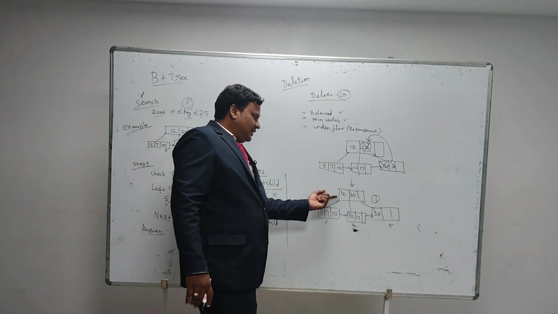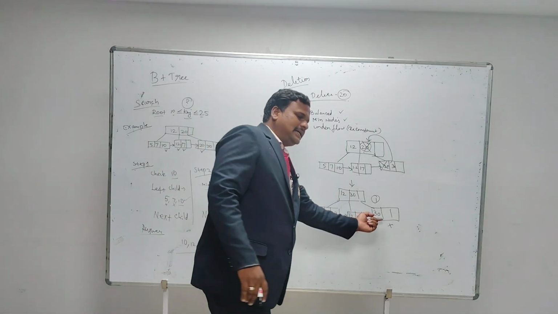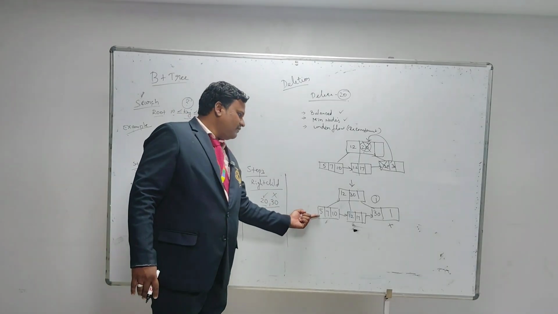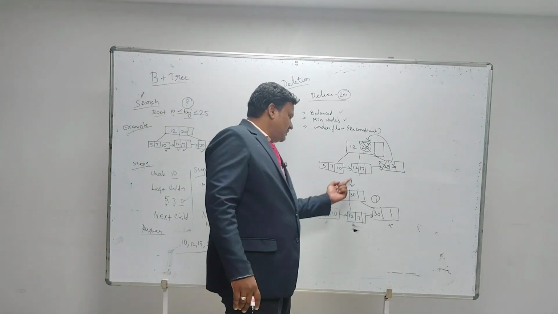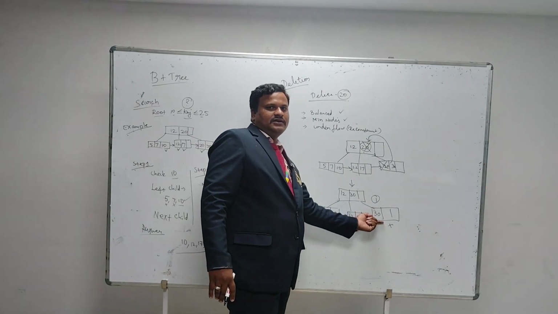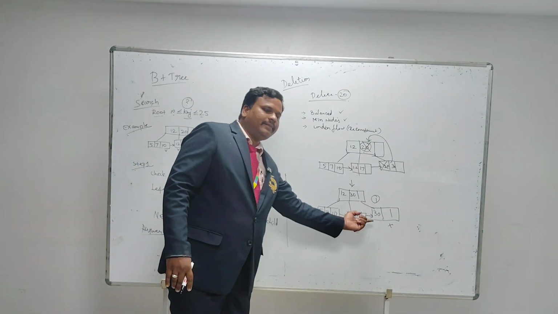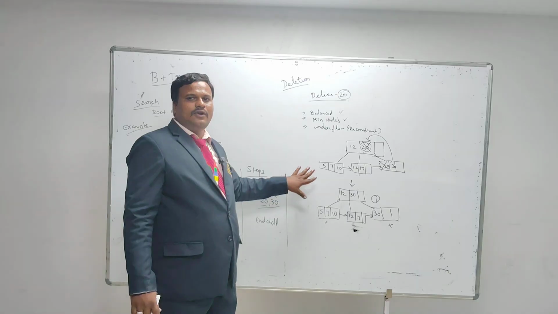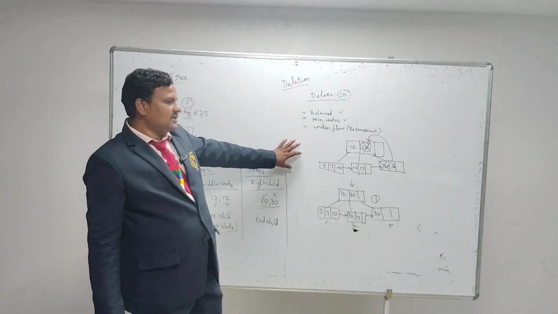Here the key node has 2 keys, and the leaf nodes have a maximum of 3 and a minimum of 1 that must be maintained. The left leaf node has 3, the middle node has 2, and the right side has 1 node. All are balanced and linked. Clear? This is the way we delete a node from a balanced B plus tree.